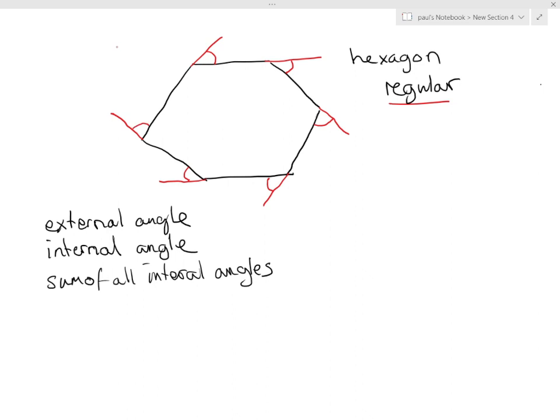Now, if you go round in a complete circle, you turn through 360 degrees. So we've got 1, 2, 3, 4, 5, 6 steps to complete 360 degrees. So to find the external angle, we just do 360 divided by 6, which is the number of sides on the shape, and that will be 60 degrees. So I'll label that one up as 60.